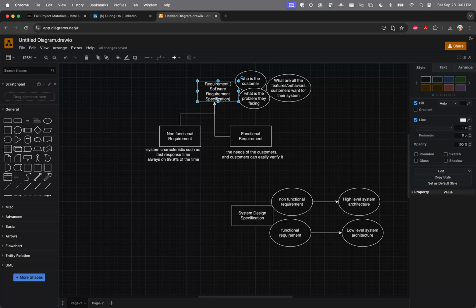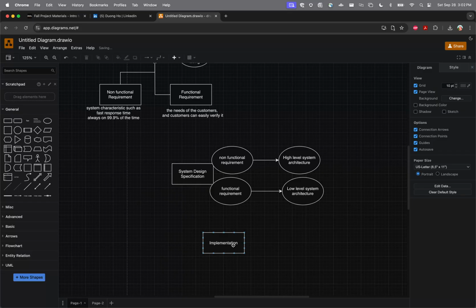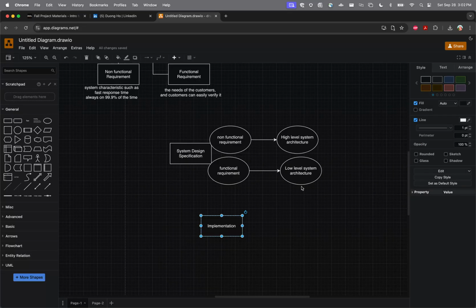After you have the requirement, you can then move on to the system design specification, right? System design specification is really just high-level system architecture and low-level system architecture. Once you have both of these, the next thing is implementation, which is coding. For coding, it's really just you coding the low-level system architecture.